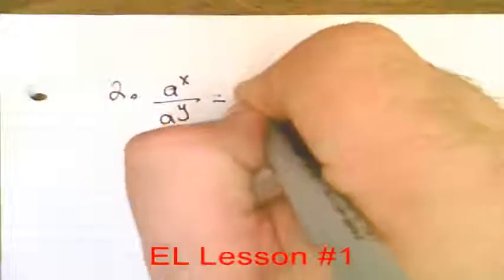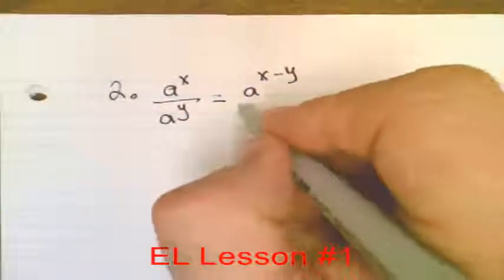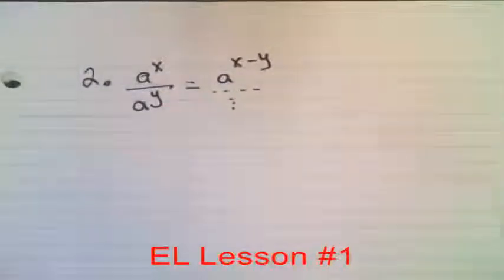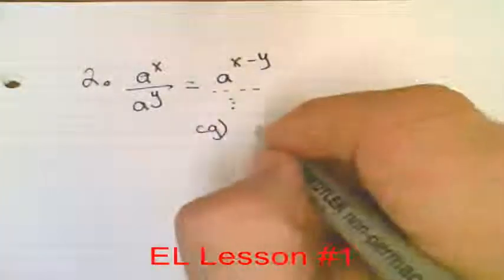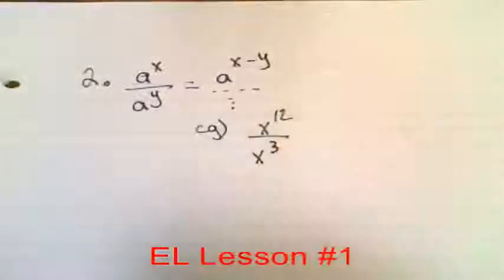You have a to the power of x divided by a to the power of y, okay? And if you have the divisions, you just keep the base the same, a, and you do x minus y, okay? You just subtract. Now, if it is in a fraction, it is ending up in the numerator, so that's just how it always works. It always ends up in the numerator. But it allows you to do a whole variety of things.